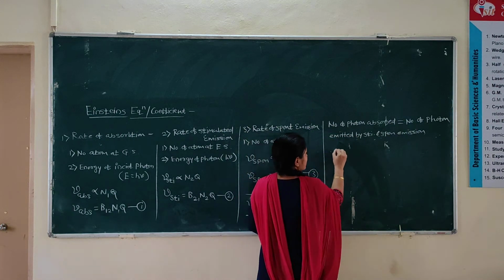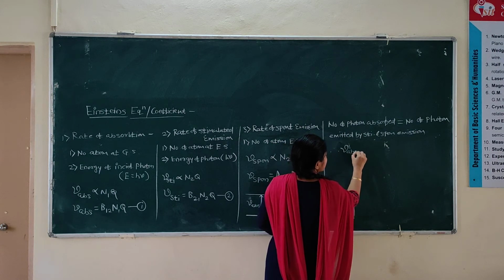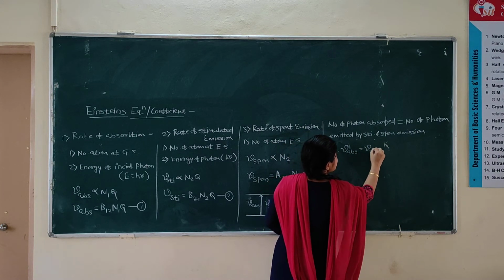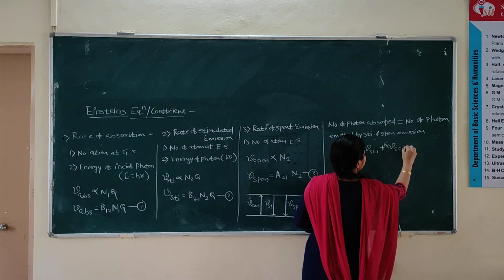And therefore we can write the equation: gamma absorption is equal to gamma stimulation plus gamma spontaneous emission.